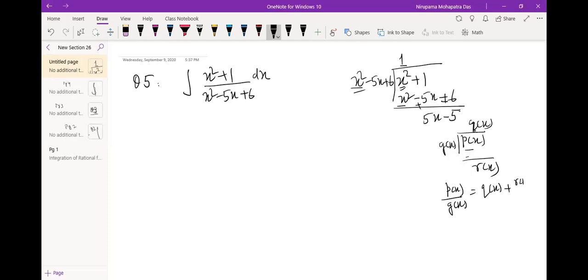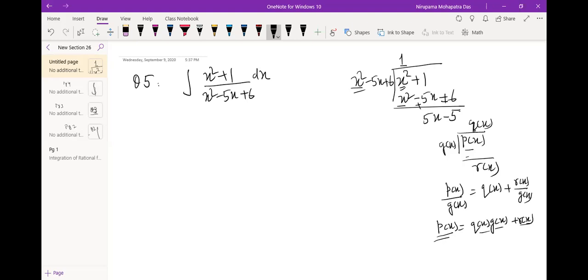To make it simple, Px equals Qx into Gx plus Rx. It means dividend equals quotient into divisor plus remainder. We are using the same thing here.